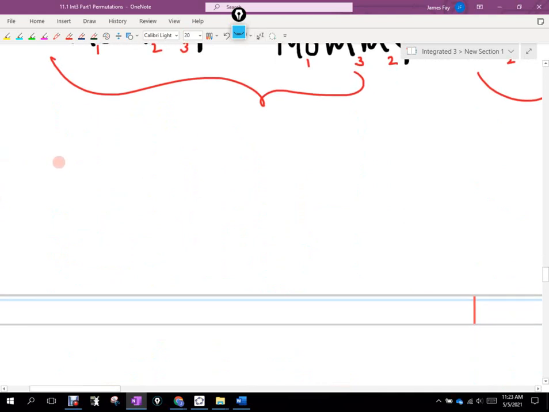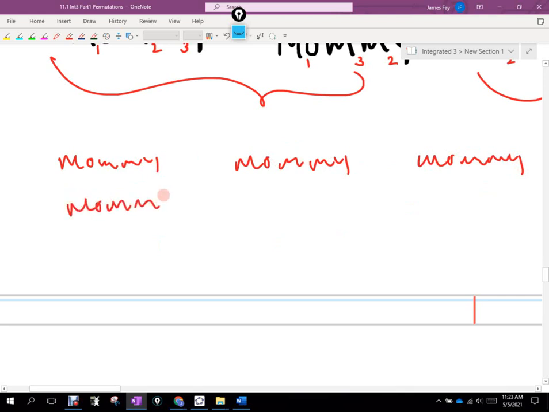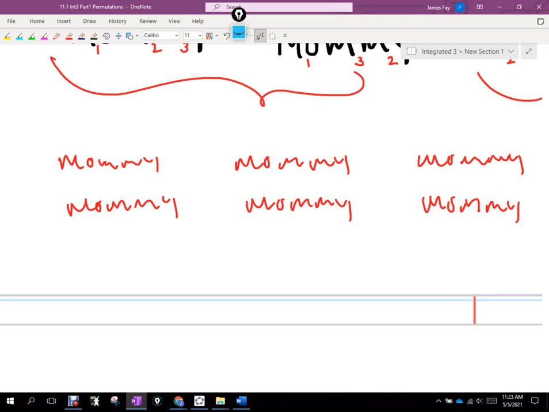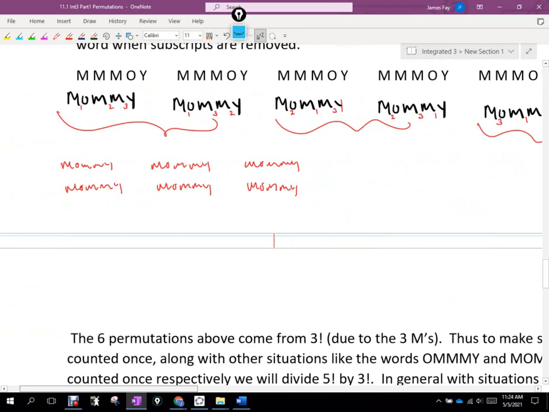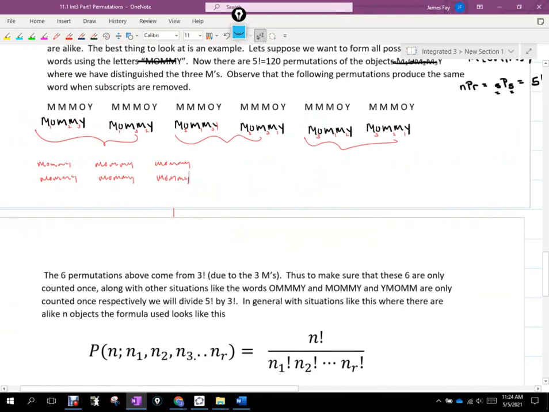Take the subscripts away, and that first one that says mommy is the same as the second one that says mommy, which is the same as the third one, same as the fourth, same as the fifth, same as the sixth. Does that make sense? Okay. In our 120, these are each individually getting counted.